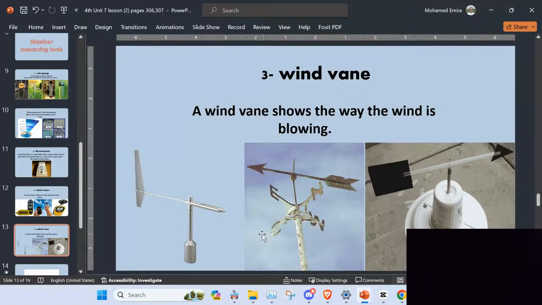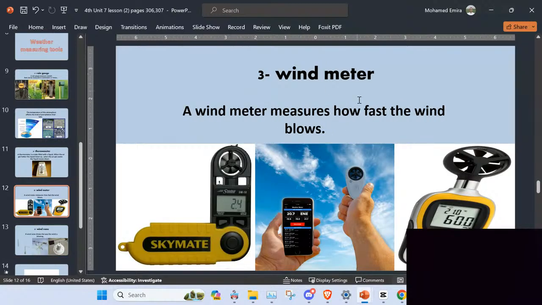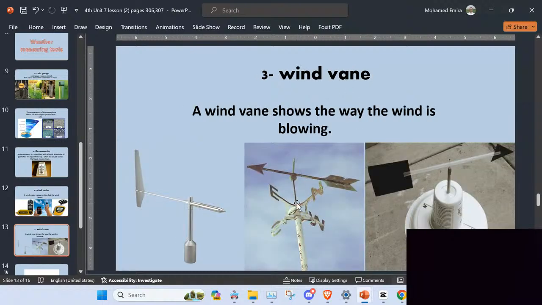Like the wind meter, you leave the wind vane out in the air, and this arrow will move and point to the direction of the air. Depending on this direction, you will know where the wind is coming from, and where it will go.